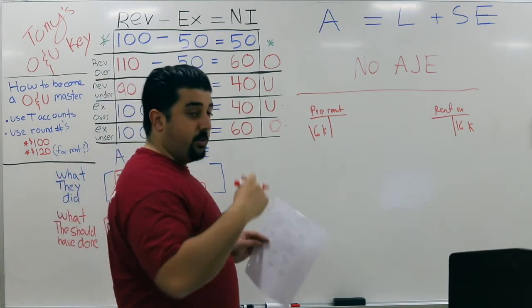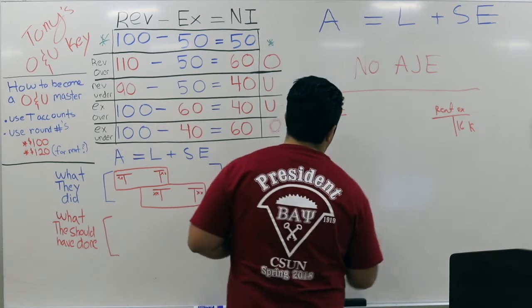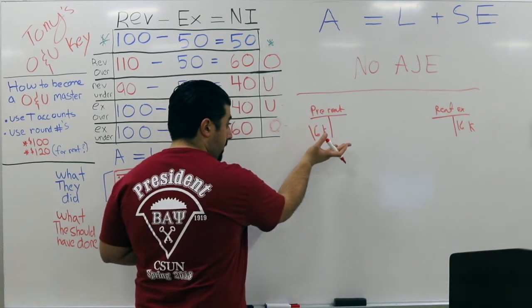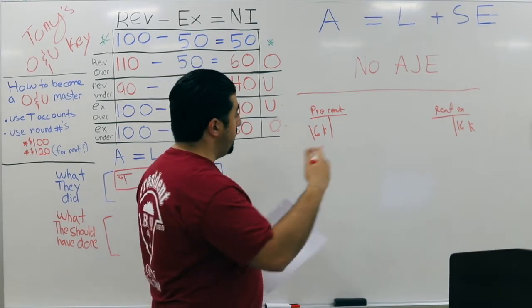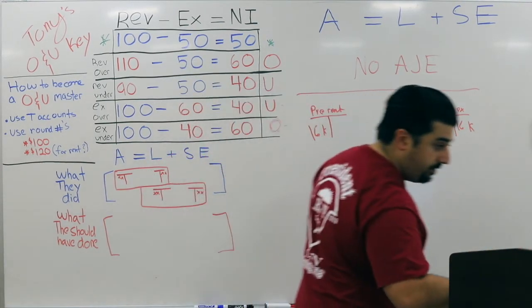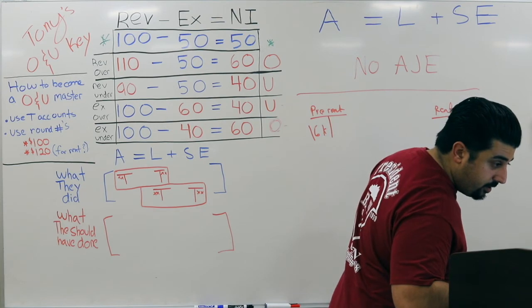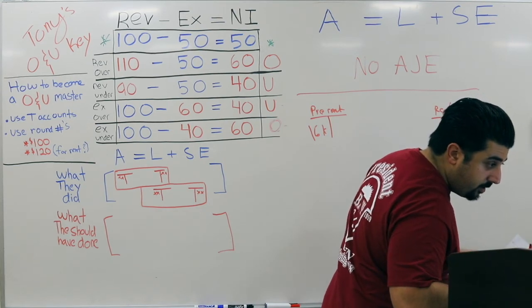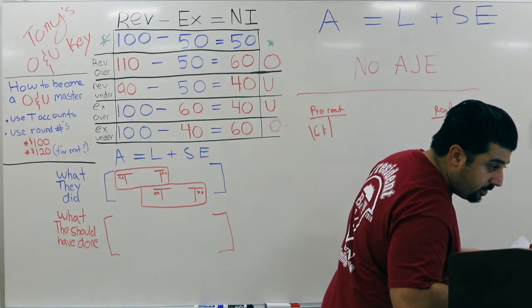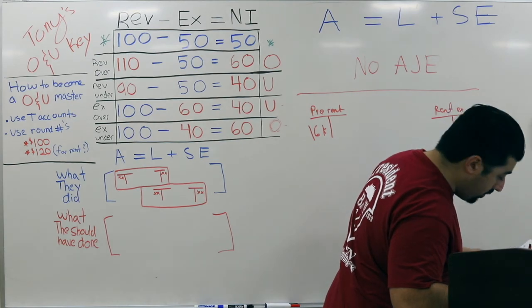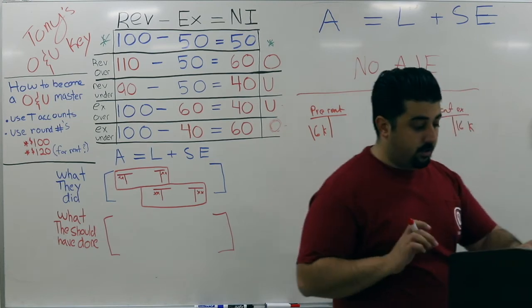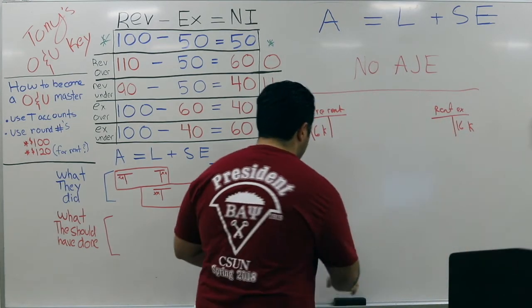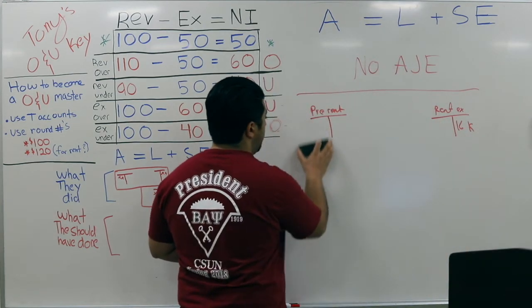Okay, let me backtrack on this. So this is what they should have done. But up front, when they originally did it, the 45, is it a 45? Oh, 1600. Okay. So 1600.